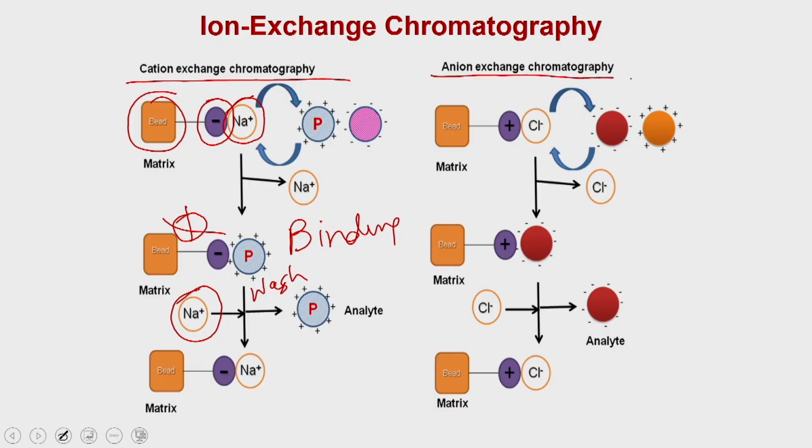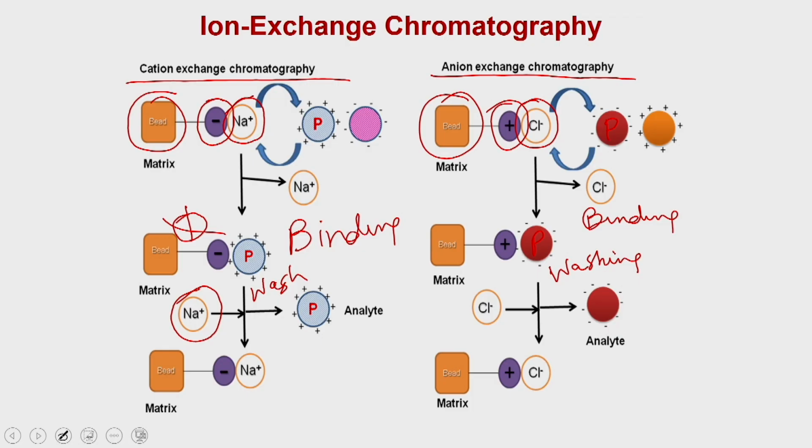Compared to this, in anion exchange chromatography it is exactly the reverse. You have the beads with the positively charged functional group, which is protected by the chloride present in the buffer. Once you add the protein, it is going to replace the chloride and bind. This is your binding stage. At this stage you can do a washing, just as we discussed for the cation exchange.